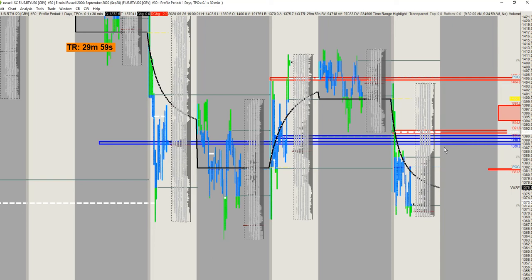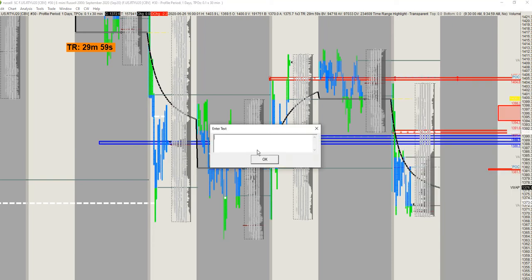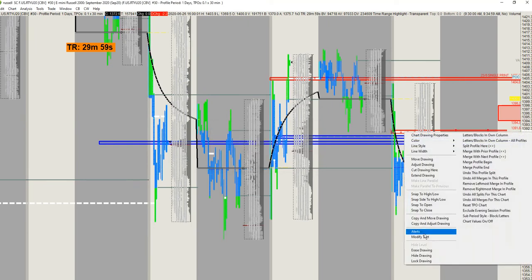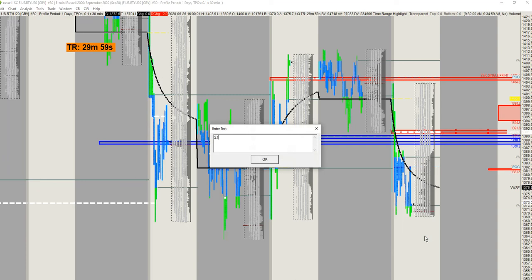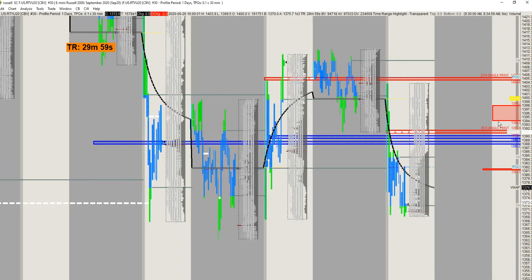I'm putting this single print, 25th of 6, for now because going forward, these are going to be important zones to keep track of. So let's just erase that.